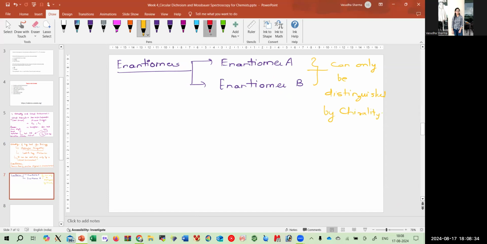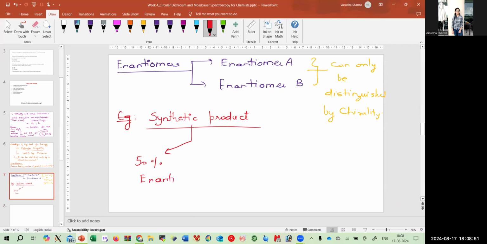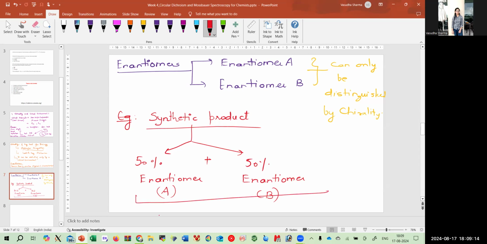Say, for example, you have synthesized a product. This product has 50% of enantiomer A plus 50% of enantiomer B. When both the enantiomers are present at the same time in equal proportion, then there is no excess.